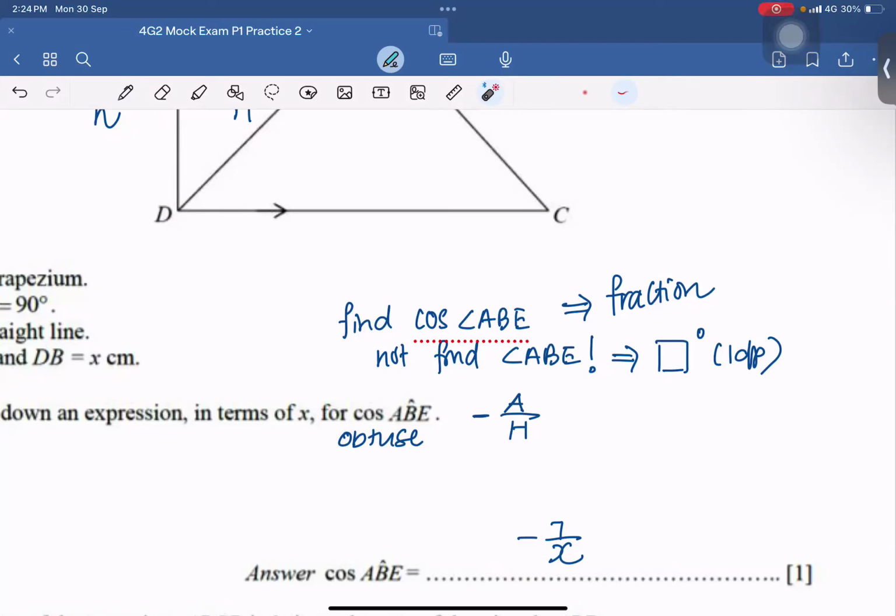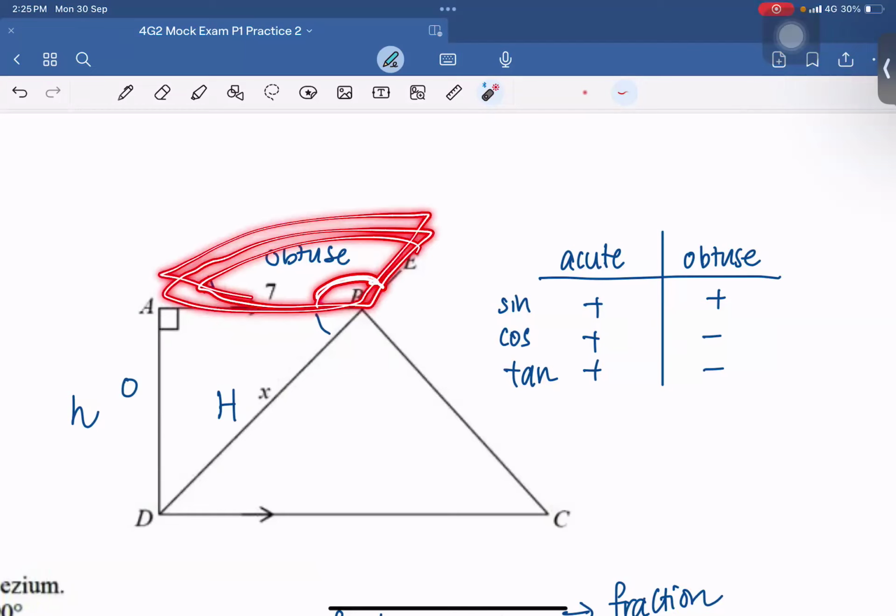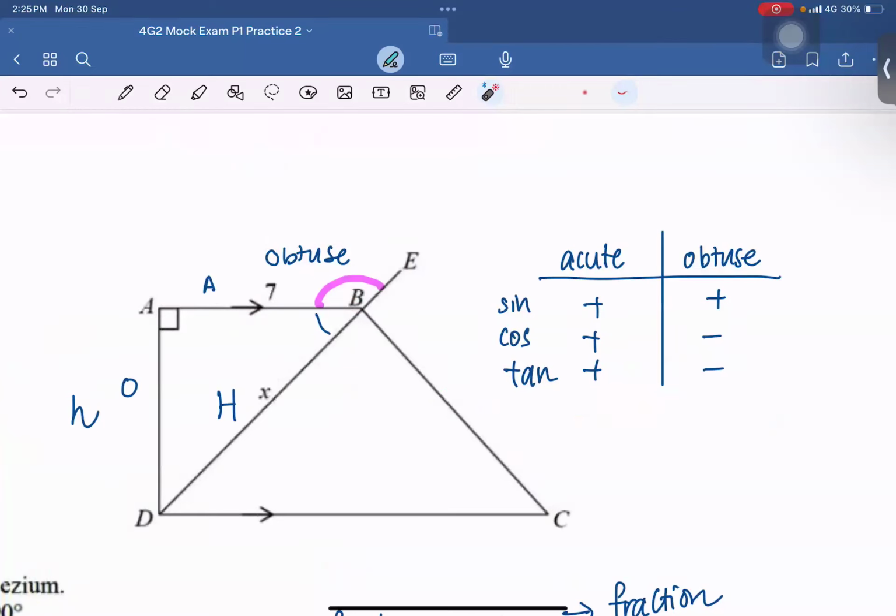Okay, so in this case, I just want a fraction. CAH, cosine, ratio of adjacent over hypotenuse. So the adjacent, this angle is obtuse. There's no right angle triangle here. What can we do? Which right angle triangle are we going to use? Find from the other triangle. Yes, correct.